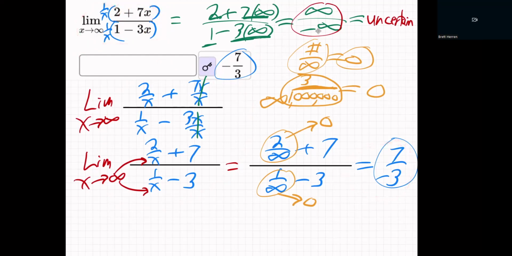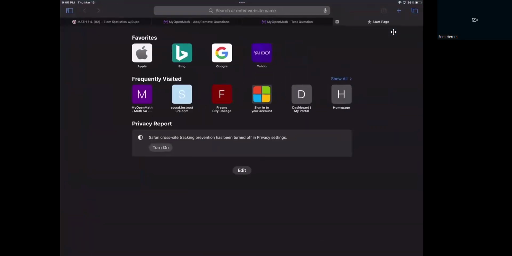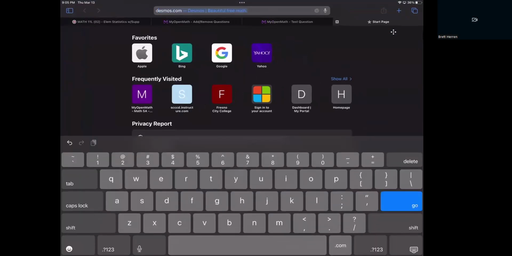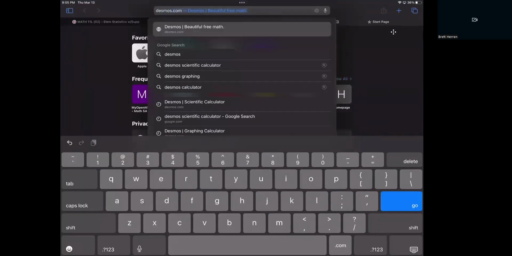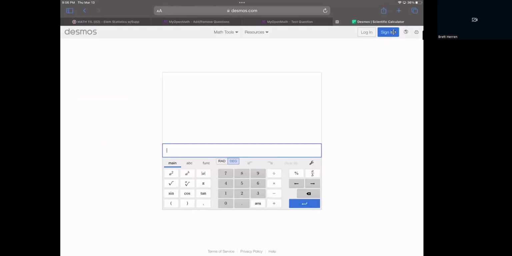We can go to a graph, but actually, I'd rather just go to a calculator. Let me go to Desmos and show you the truth here. So Desmos Scientific Calculator. And I'm just going to pop in there our fraction.